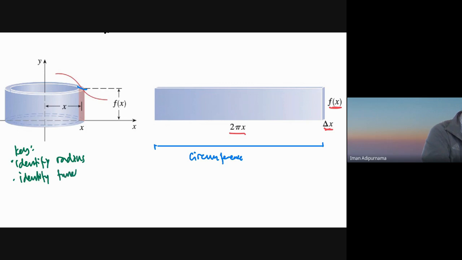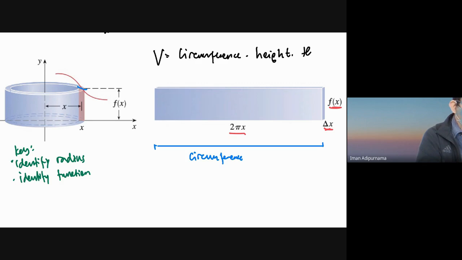Identify the function. So volume is circumference multiplied with height multiplied with the thickness.